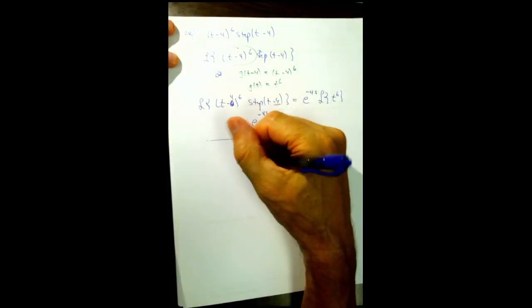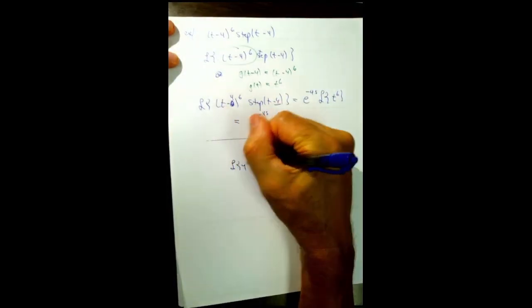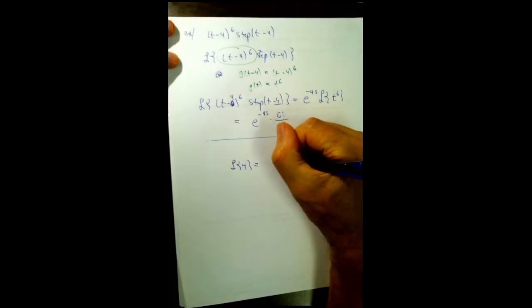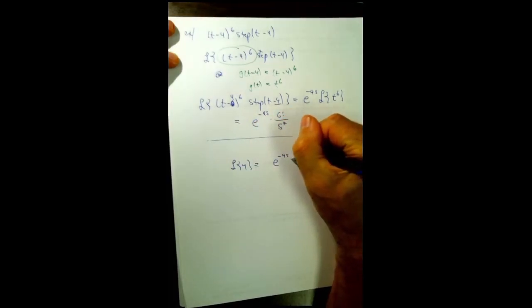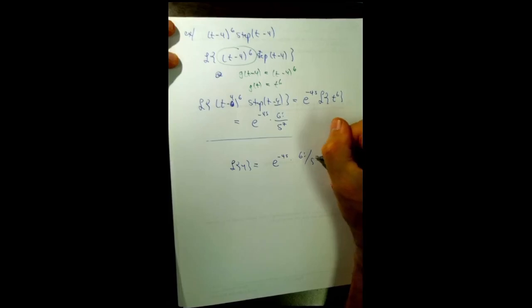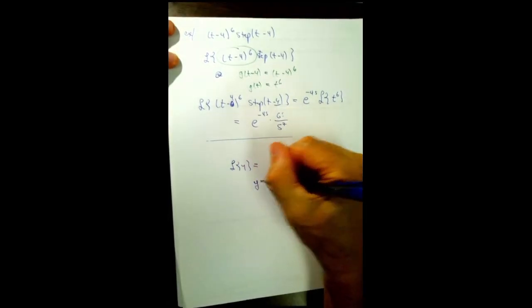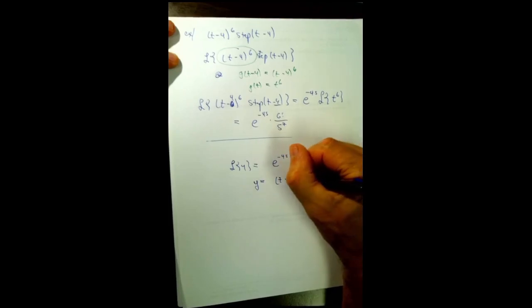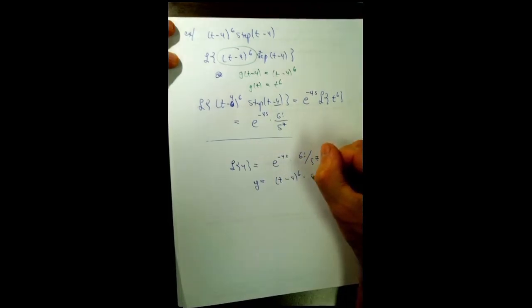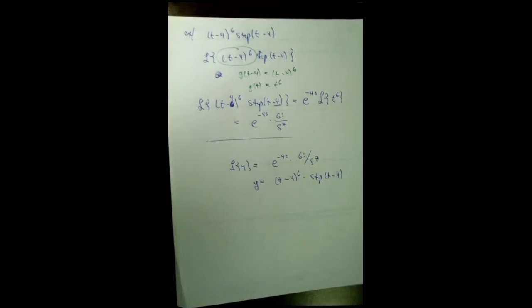Which means then, if you know that the Laplace transform of some function is e to the minus 4s times 6 factorial over s to the 7th, then you can work it backwards and say, oh, that means my y was (t minus 4) to the 6th times the step function at t minus 4. And there was no ugly integration or working with crazy stuff.